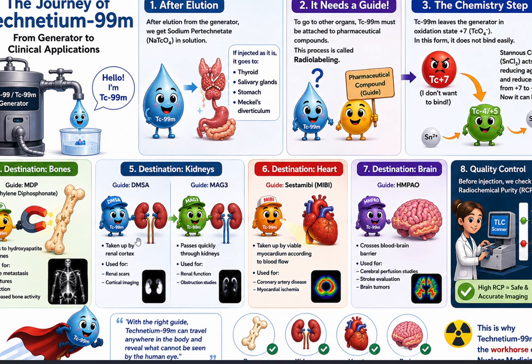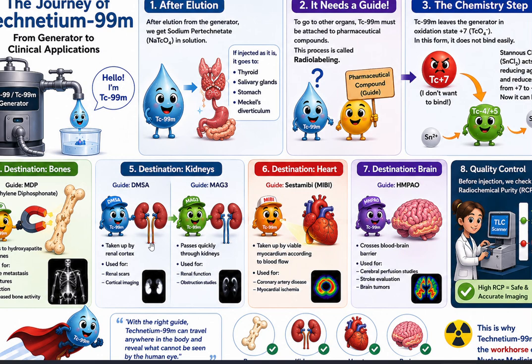For the kidney, we have two guides: DMSA and MAG3. DMSA is taken up by the renal cortex and is used for renal scars or cortical imaging.